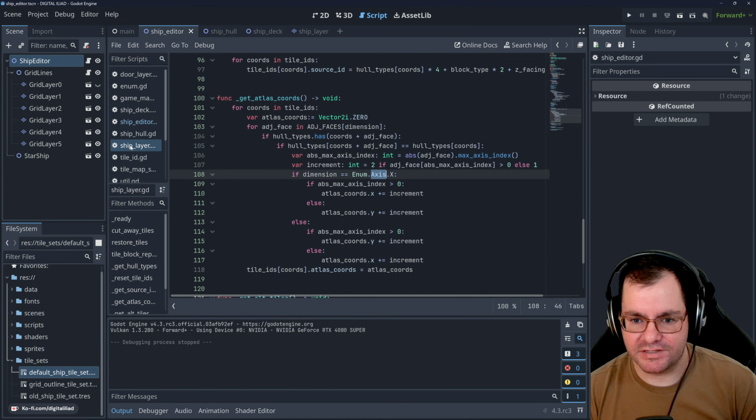Ship hull is match block type, enum.block.floor. Hull types coords. Enum hull.middle. Yeah, it thinks it's a floor when it's really an empty space. How are we getting to that point?